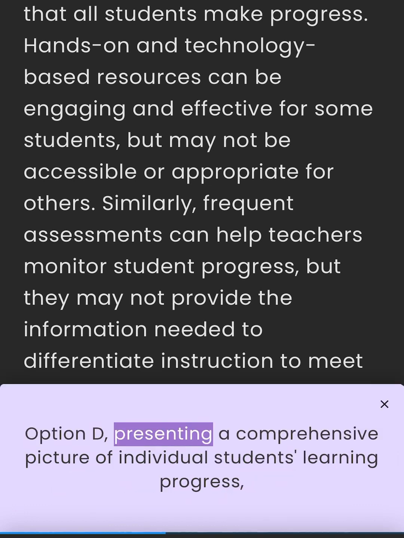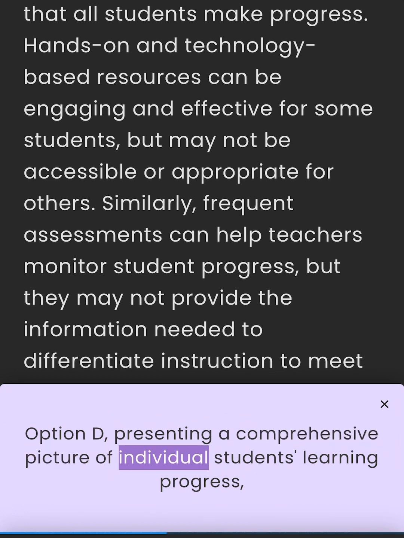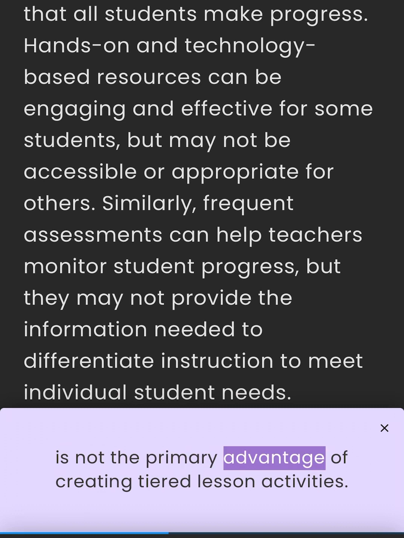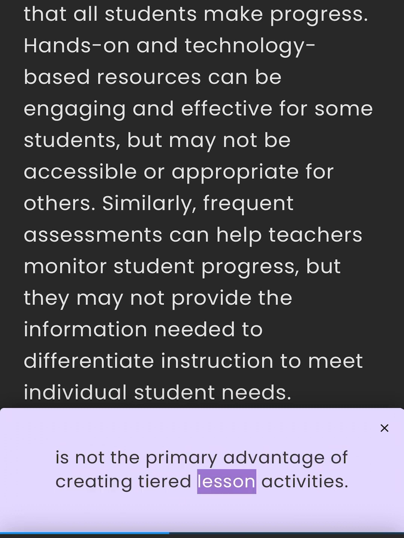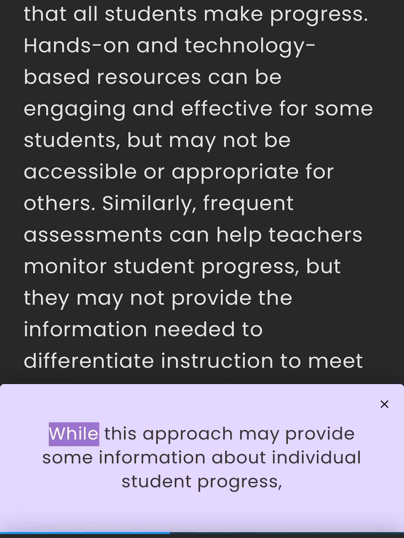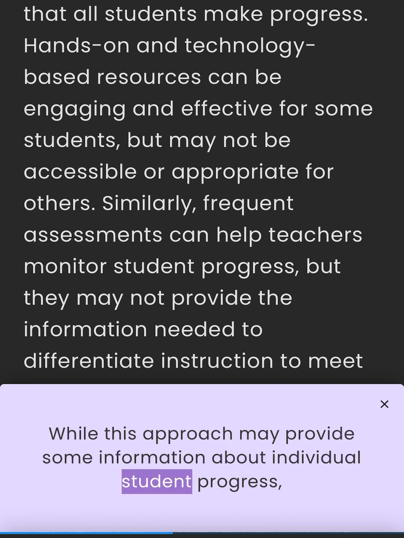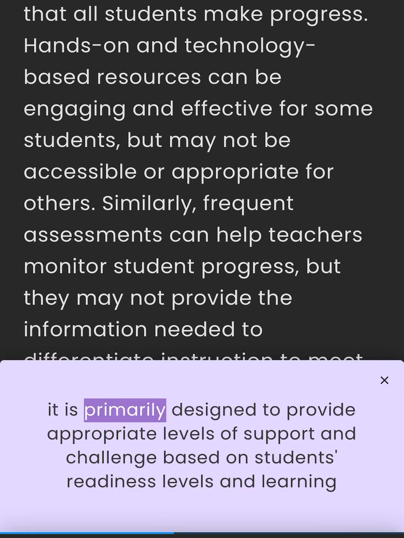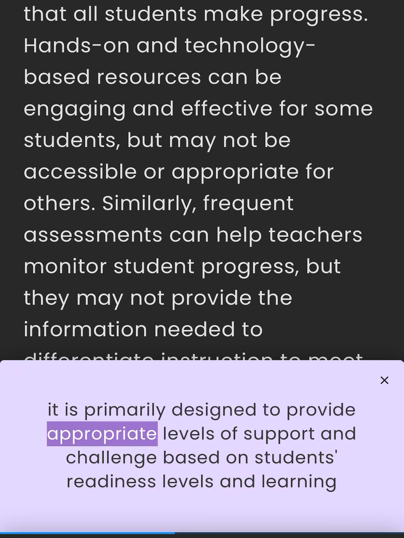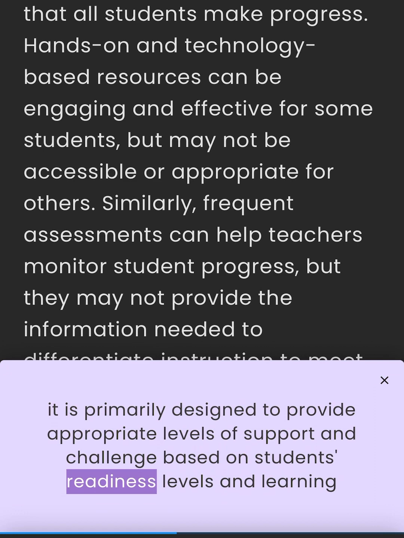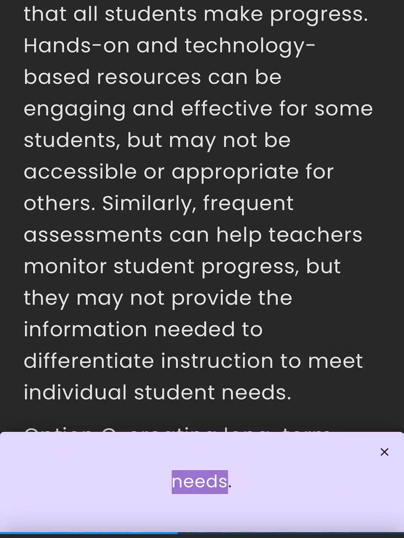Option D. Presenting a comprehensive picture of individual students' learning progress is not the primary advantage of creating tiered lesson activities. While this approach may provide some information about individual student progress, it is primarily designed to provide appropriate levels of support and challenge based on students' readiness levels and learning needs.